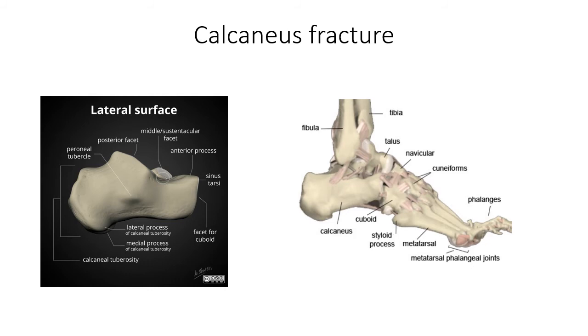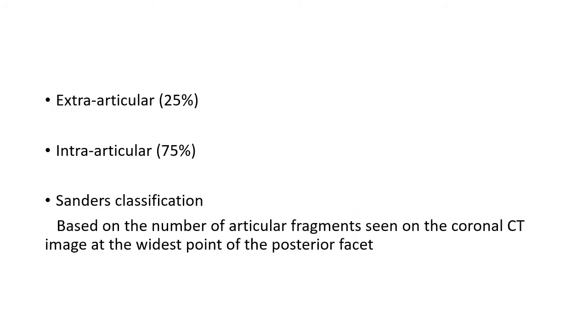The calcaneus is one of the hindfoot bones which articulates anteriorly with the cuboid bone, and the superior surface articulates with the talus bone. Extra-articular fractures comprise 25%, and intra-articular fractures comprise around 75% of these fractures.